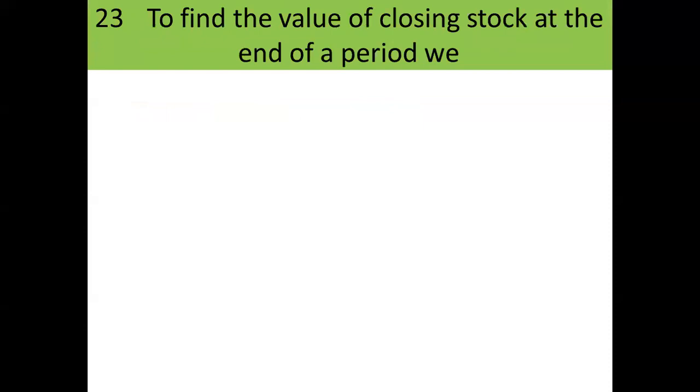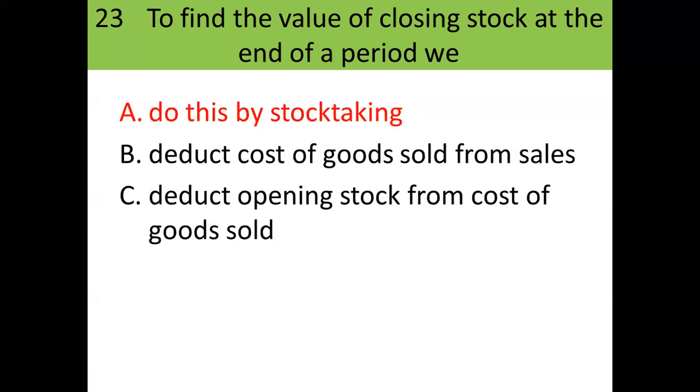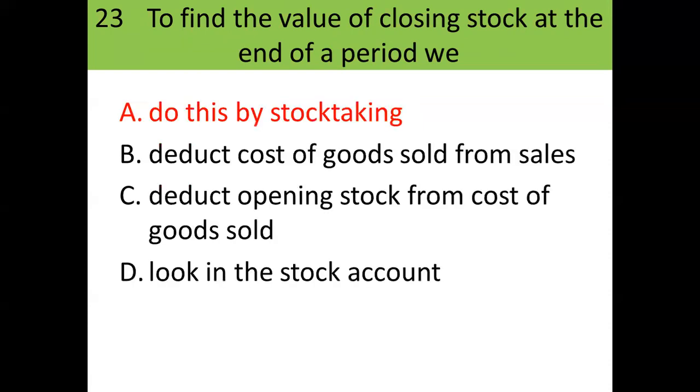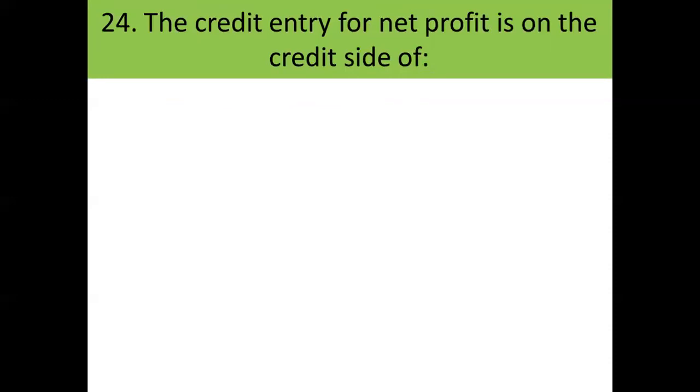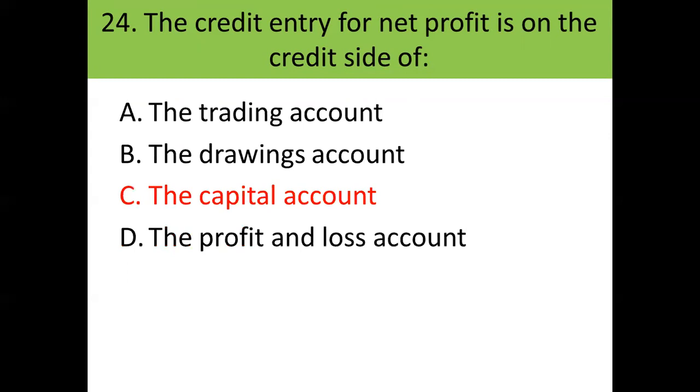Next question. To find the value of closing stock at the end of a period, we do this by stock taking. Next question. The credit entry for net profit is on the credit side of capital account.